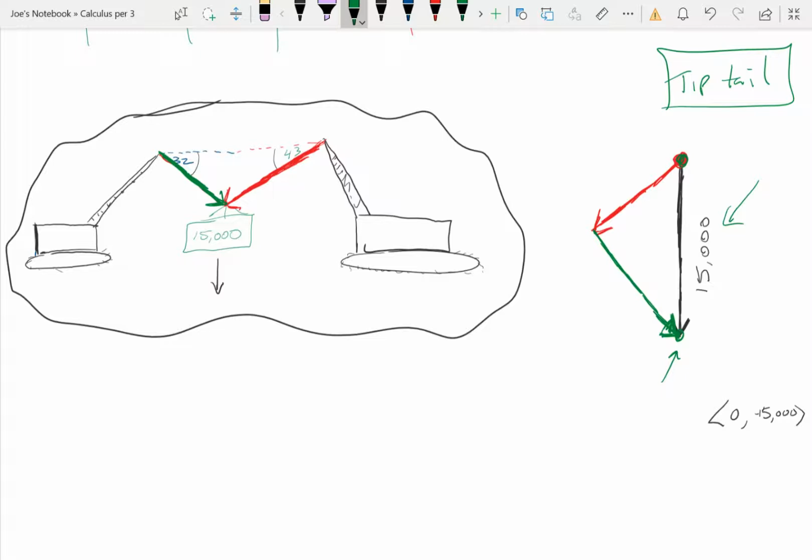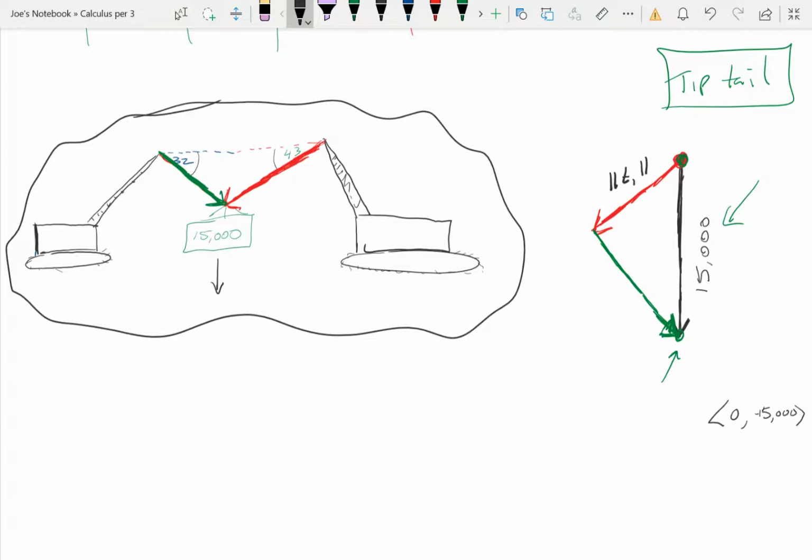So then we get into a little bit of complication because of what we need to do. Let's call the length of this vector tension 1.